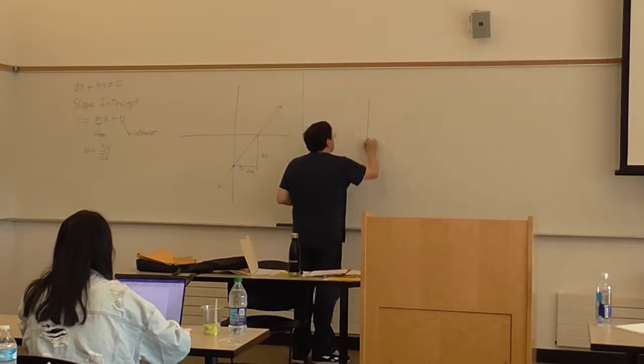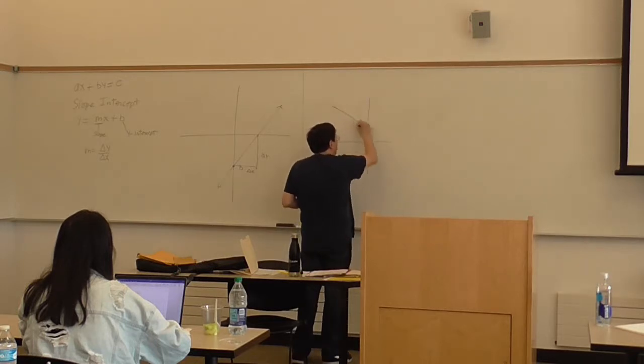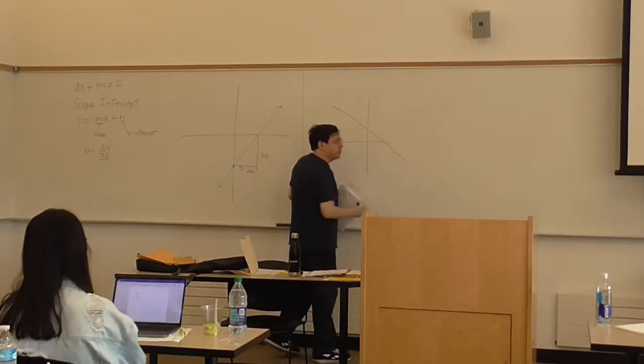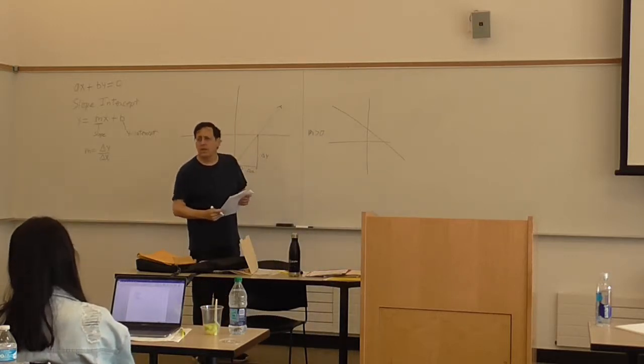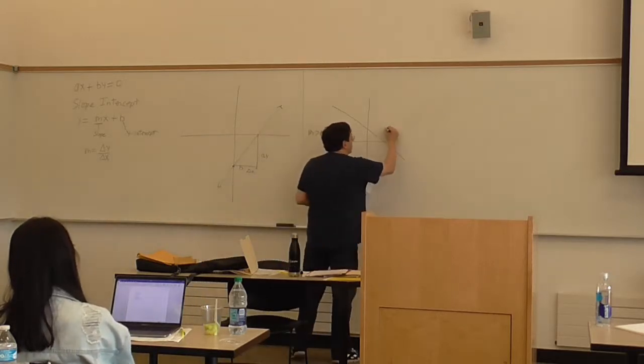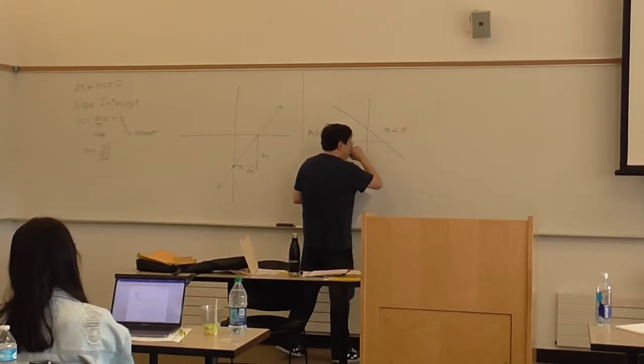Instead, if I have a line going from left to right downwards, it's downhill, and I know the slope is going to be less than 0.